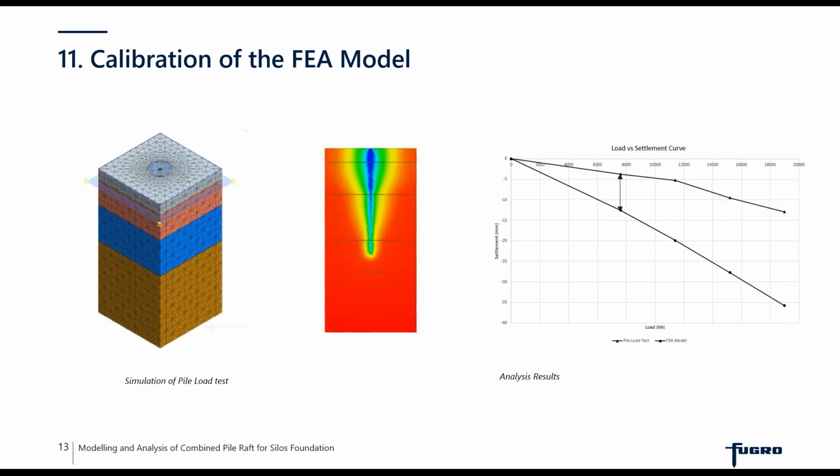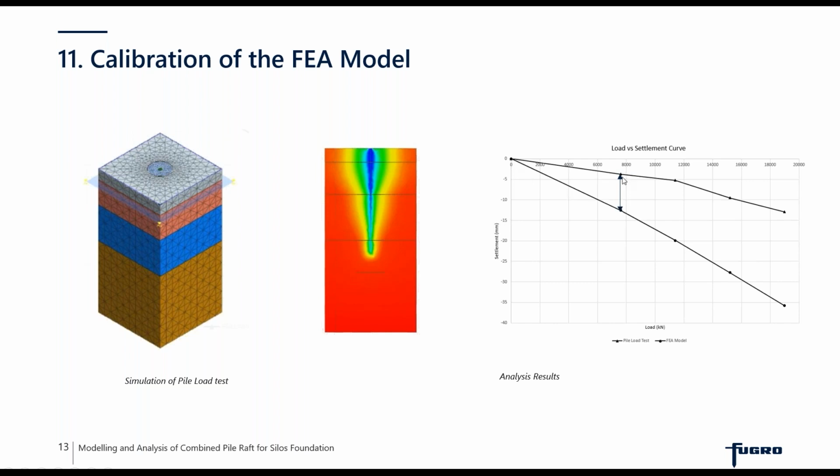We wanted to have sufficient factor of safety between our calibrated model and the pile load test. Based on the design assumptions which we adopted, the design parameters for the soil as well as the pile and the pile-soil interface, at the working load condition we have sufficient factor of safety.